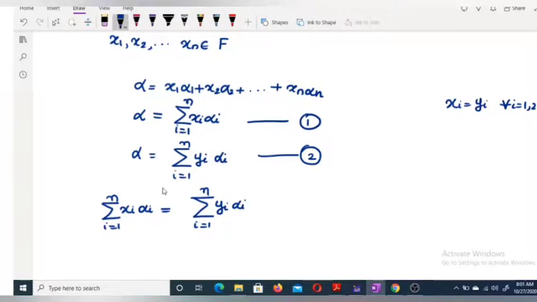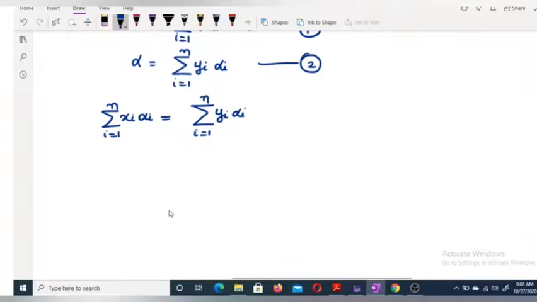Now taking it to the left hand side, you can write this as sigma i equal to 1 to n xi alpha i minus sigma i equal to 1 to n yi alpha i is equal to 0.